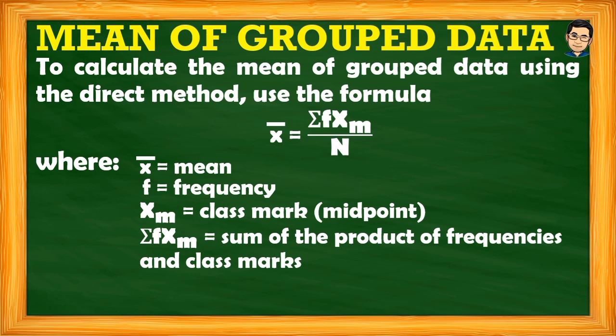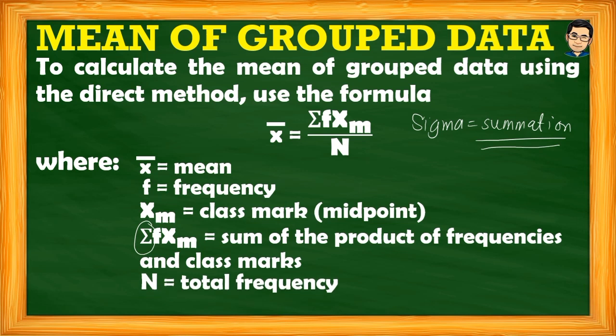Yung sigma, ito pong Greek symbol na yan, ang tinatawag na sigma. Kapag nakita po natin yung symbol na yan, it means summation, ibig sabihin, hina-add natin yung mga data, yung mga scores. And n is the total frequency, total number of students, total number of scores. Basta we're talking about total, kapag n.